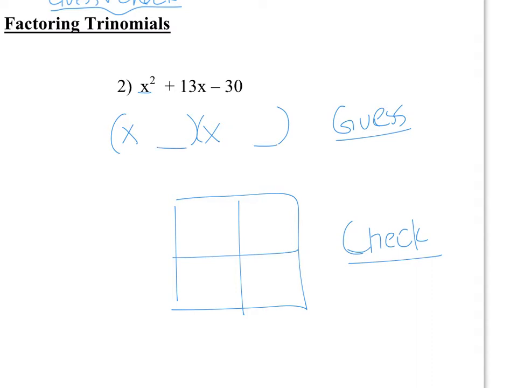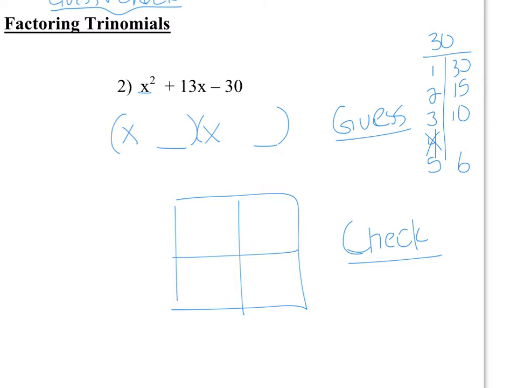Now my guess also needs to figure out these two numbers. To figure out these two numbers, I need two numbers that multiply to 30. So let's break it down. 1 times 30, 2 times 15, 3 times 10, 4 times nothing, 5 times 6. Those are all my possibilities.